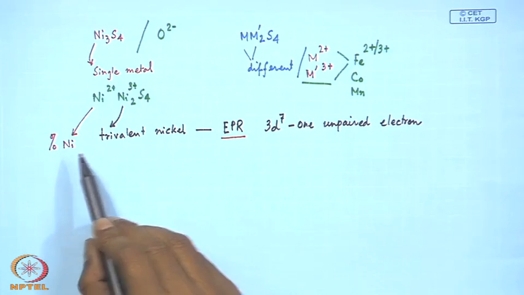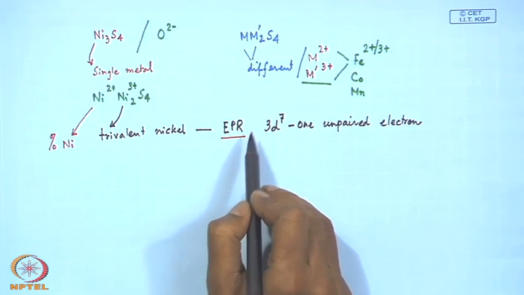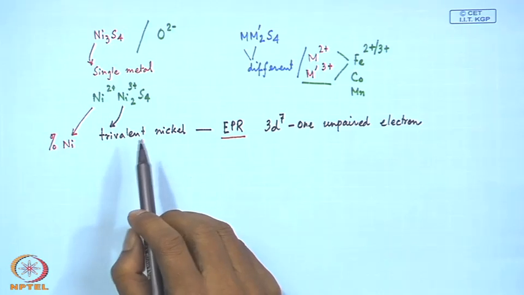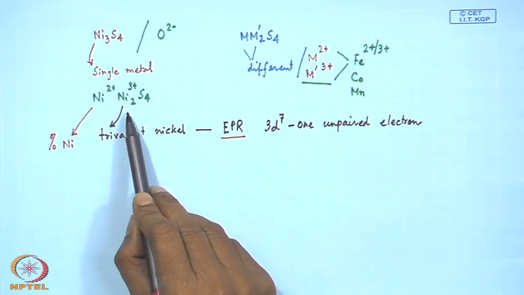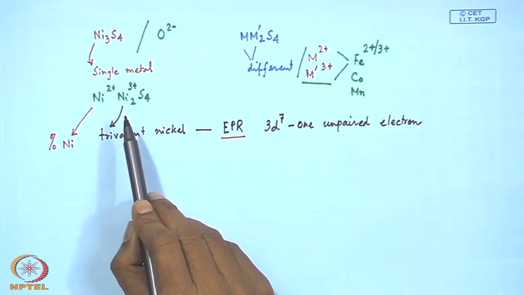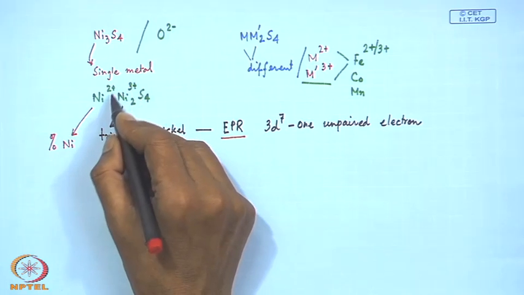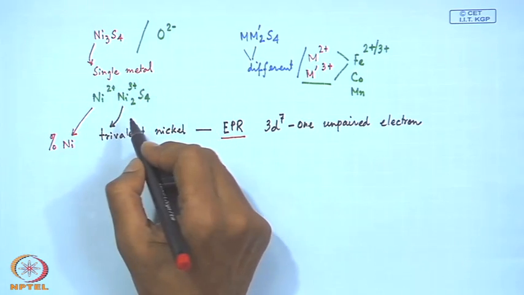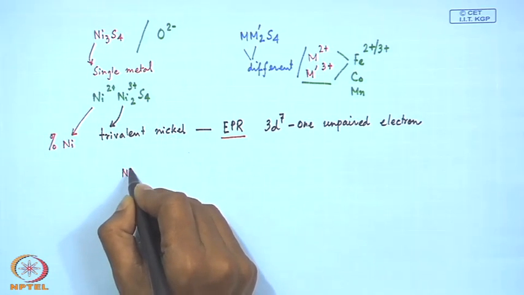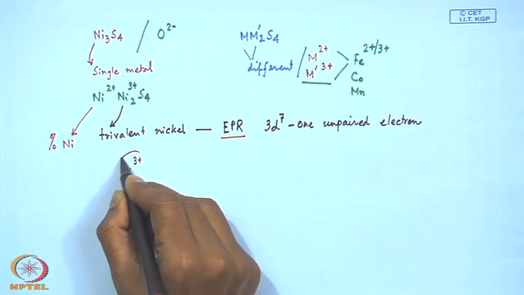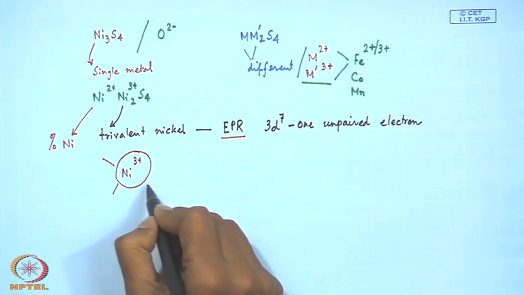Then we can find out the corresponding oxidation states, and if it is EPR active for its trivalent nature, we can safely conclude that this center can also be catalytically reactive because of this unusual oxidation state of nickel. And in some biological systems we have also seen that trivalent nickel can only be stabilized in a sulfur environment.